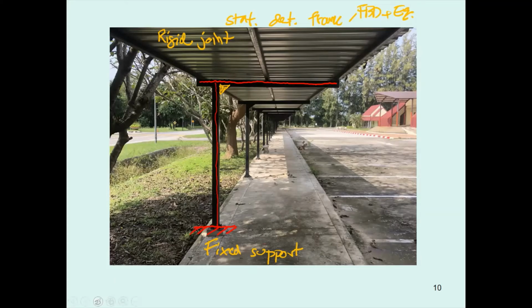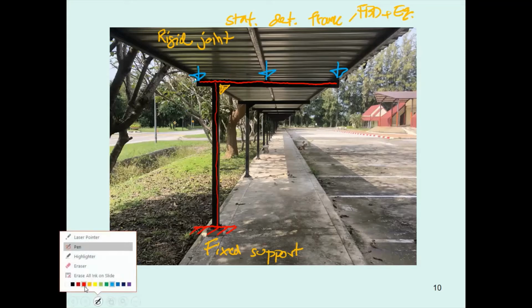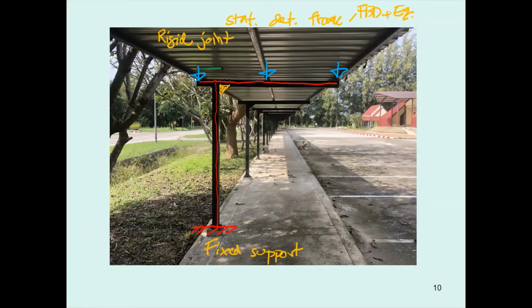And before you can analyze and design, you must transfer the force from the roof to what? To this beam, to this beam, and to this beam. And not only the load transferred from the roof, you also have the weight of the beam, which is going to be uniformly distributed.